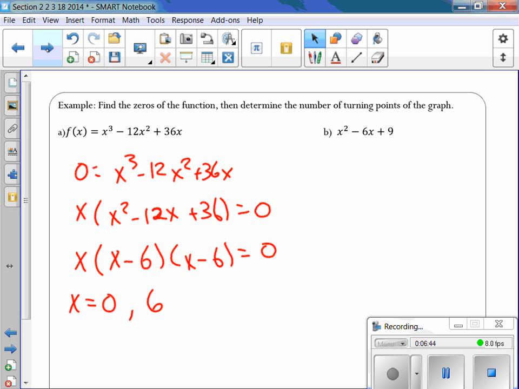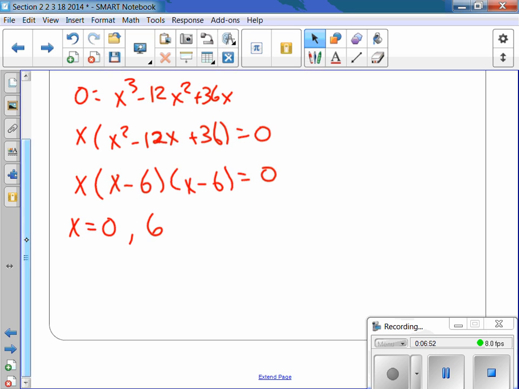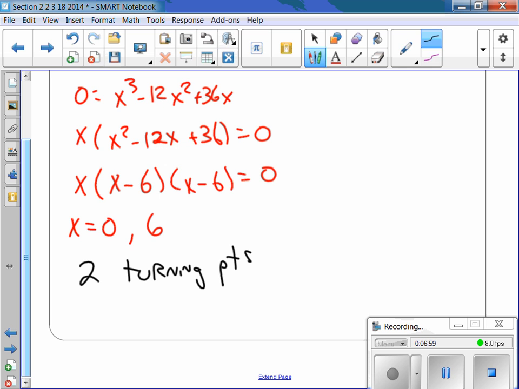What is the degree of this polynomial? 3. So my n is equal to 3, so I can have at most 2 turning points, 2 places where my graph goes from increasing to decreasing, and decreasing to increasing.